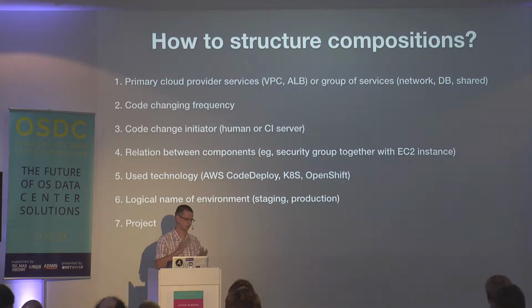And then you have an application group of Terraform configuration and so on. But these 7 points which I highlighted are what I see most frequently used. And none of them are high or low priority. You have to consider them all and think about which one makes the most sense for you.